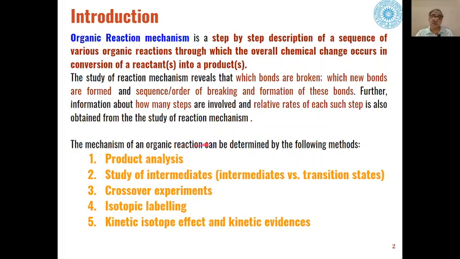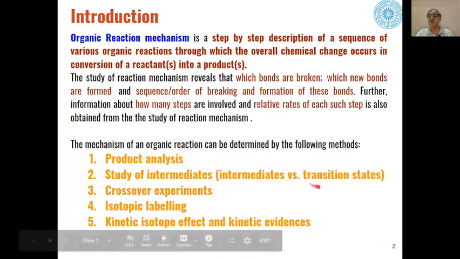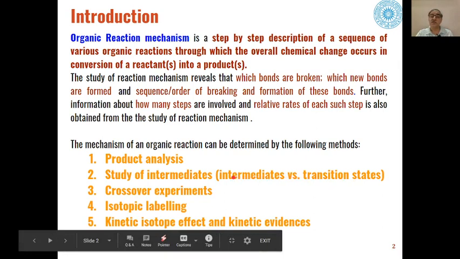The mechanism of any organic reaction is usually determined by a few specific methods, and important among these are product analysis; then second is study of intermediates, that is, how intermediates relate with the transition states or transition states relate with the intermediates.